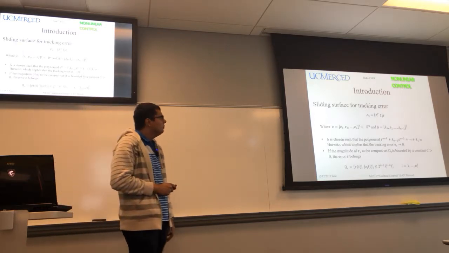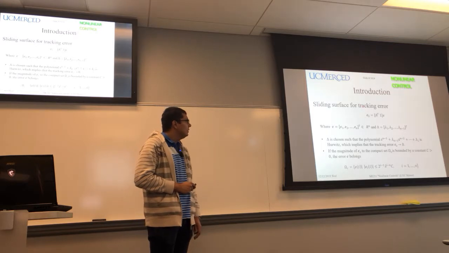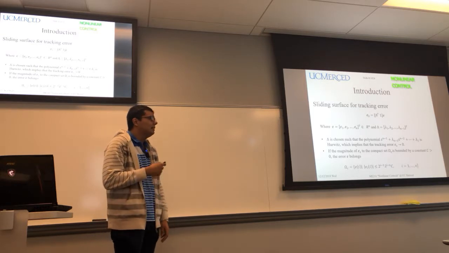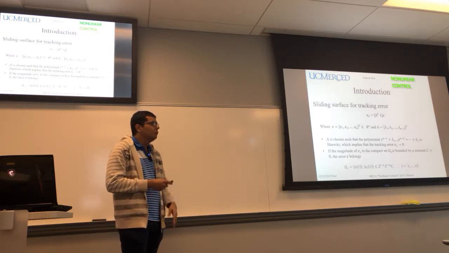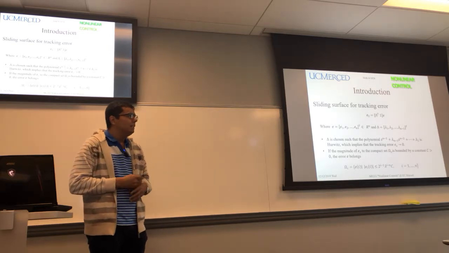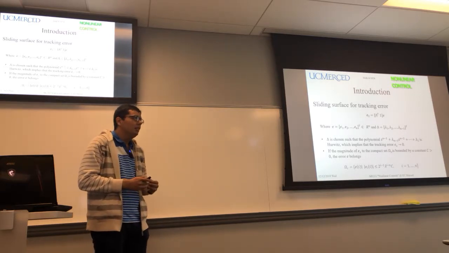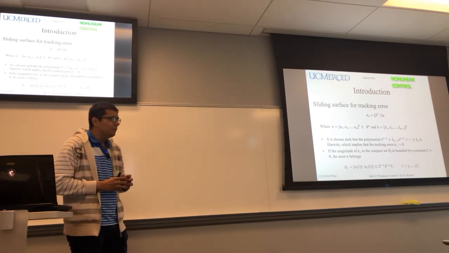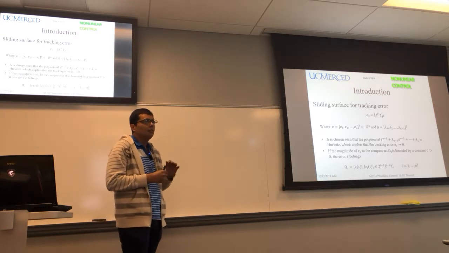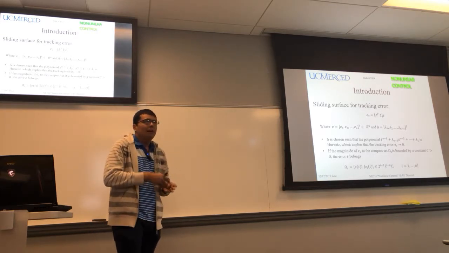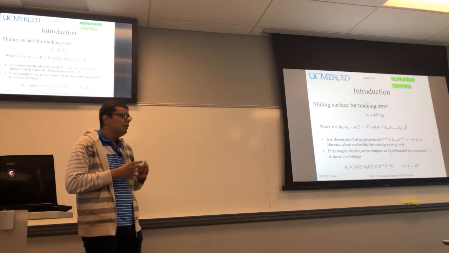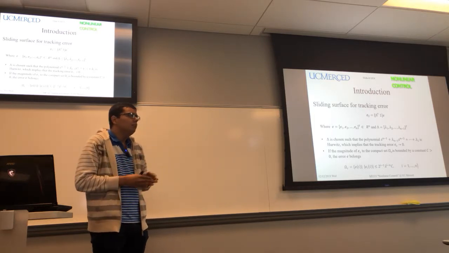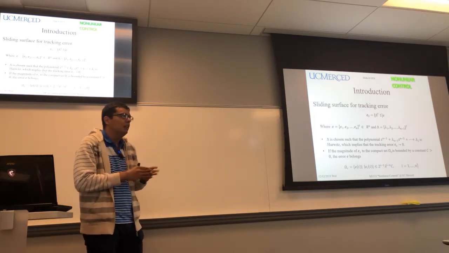Okay, so we are going to introduce another concept. In this case, this concept is the sliding surface for tracking error. This sliding surface is basically a smooth error vector, which gives better control in this case for tracking applications. Tracking applications are more challenging because you have to follow a pattern. Your system output should follow a pattern or a signal. In a regulation task, you only have to reach one point, and you can design different kinds of controllers, but only for this point.